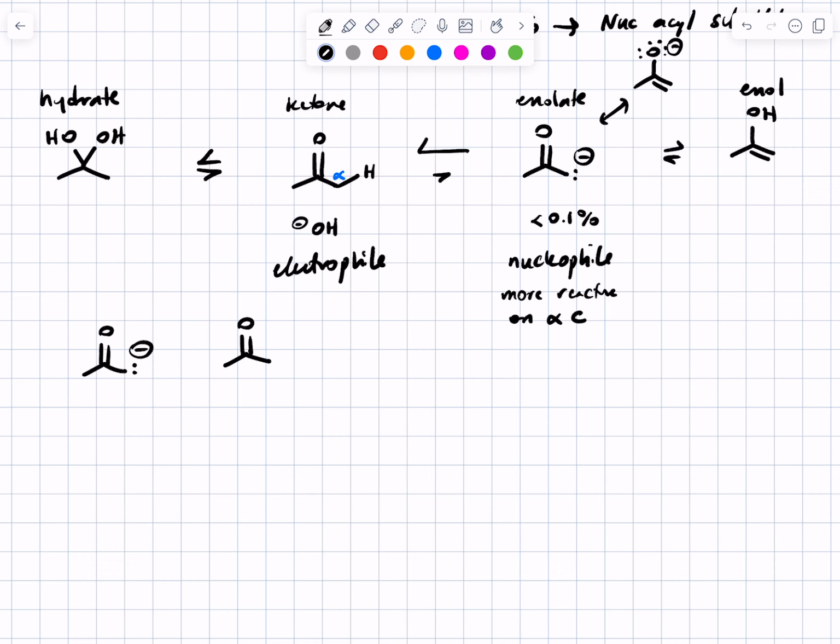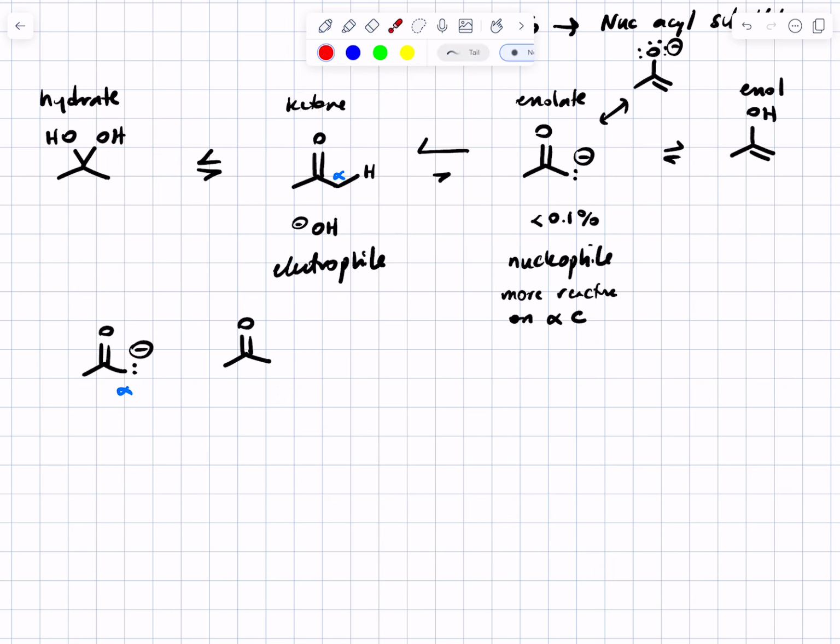The reason for that is, first, carbon-oxygen pi bonds are more stable than carbon-carbon pi bonds, so it makes more sense for the nucleophile to attack on the alpha carbon so that the carbon-oxygen pi bond can be intact. And the other reason is, if you actually calculate where most of the HOMO is for that nucleophile, it's mostly on the alpha carbon. So we expect the enolate nucleophile to do the attacking from the alpha carbon.